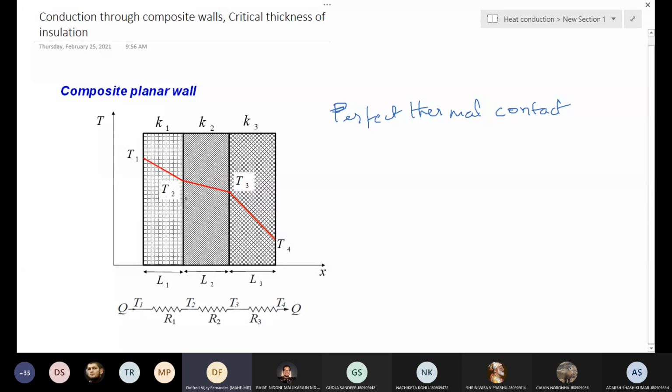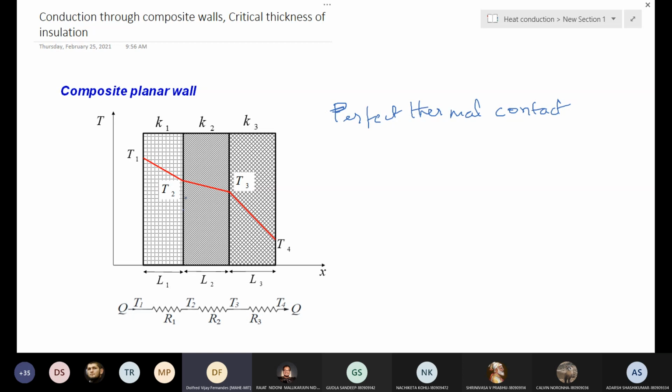So when you bring two walls close together, there is some gap between them, at the micro level, atomic level, or nano level. You cannot get perfect contact between the atoms or molecules of the two walls.